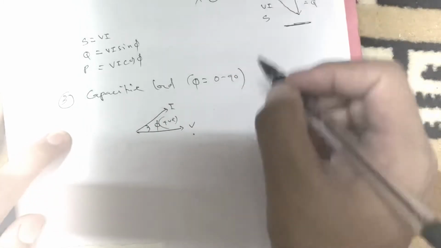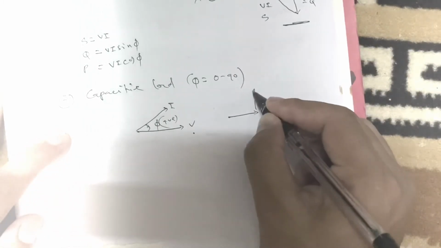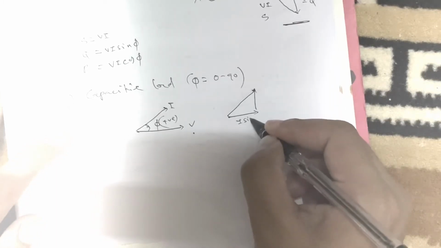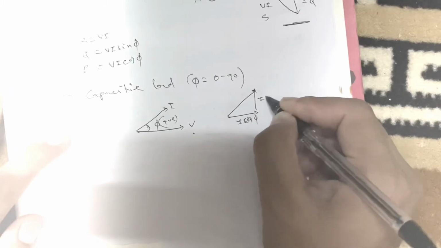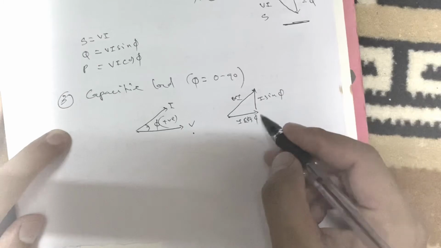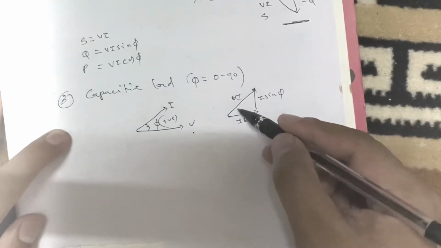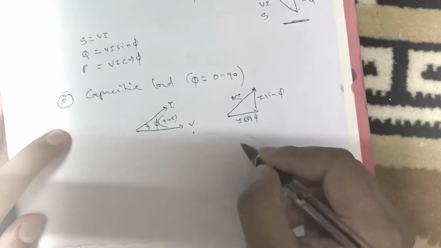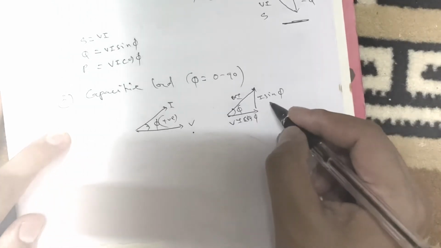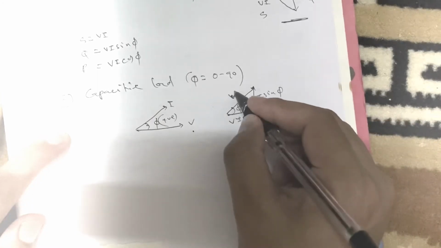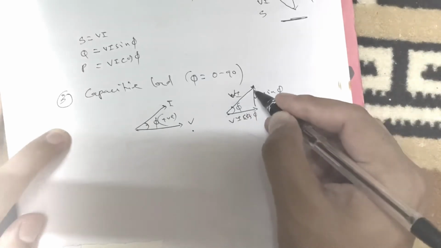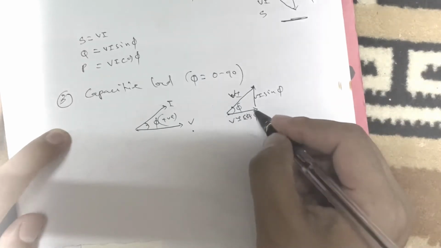Similarly, if you do the current triangle for this one, for the reactive, apparent and true current, it will be I cos phi, I sin phi, and here you will have I. Again, if you multiply it with the voltage, I'm going to write it here directly: VI cos phi, VI sin phi, and VI, and this one is called the apparent power. Here again you have the reactive power, and this one is the true power.